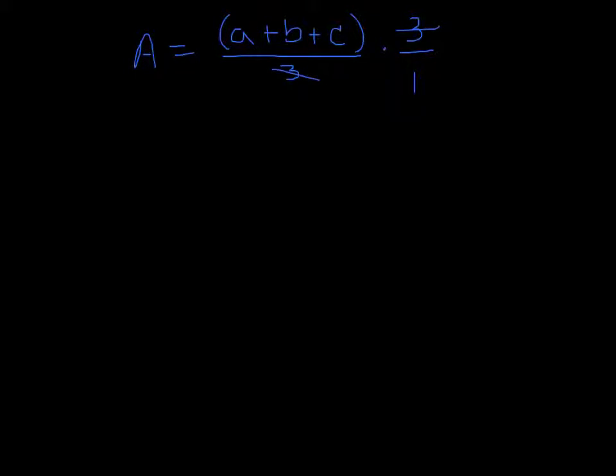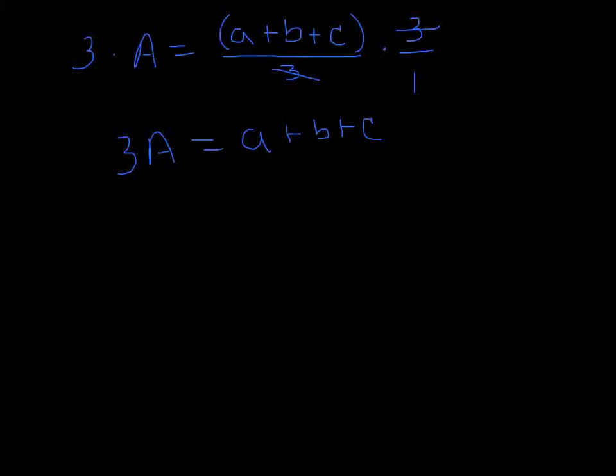So we're just left with the A plus B plus C, and then whatever we do to one side, we have to do to the other side. So we multiply by 3 over 1, which is the same thing as multiplying by 3, right? So we're going to multiply by 3 over there, and we're left with 3A. So 3A equals A plus B plus C.